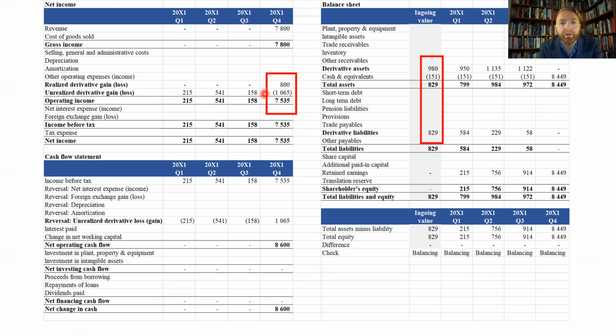And another interesting thing to notice is that if you sum this line here, it turns out to be equal to the premium here. There's a built-in loss on the unrealized derivative gain loss line, because you have created a derivative asset that has to unwind. But on the other hand, you're in for a possibly positive payoff here.